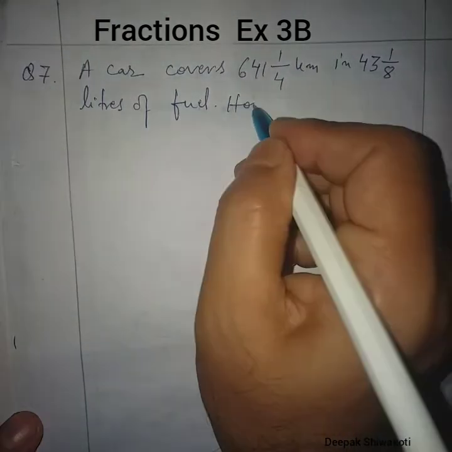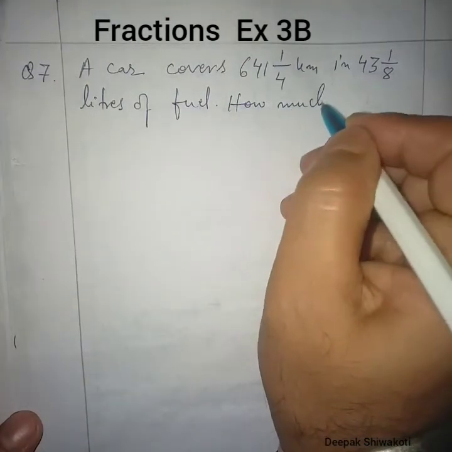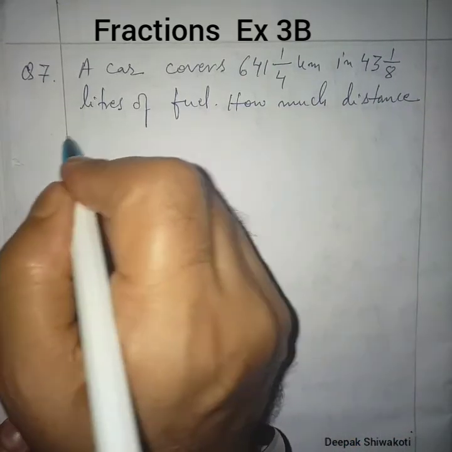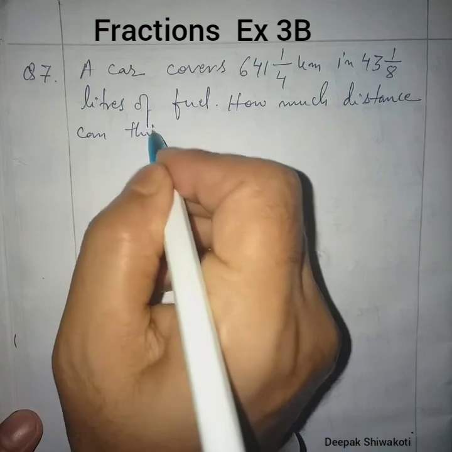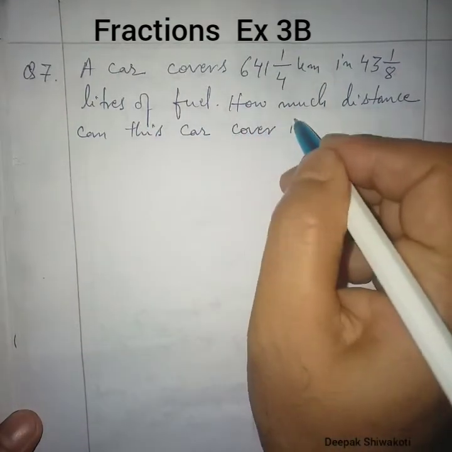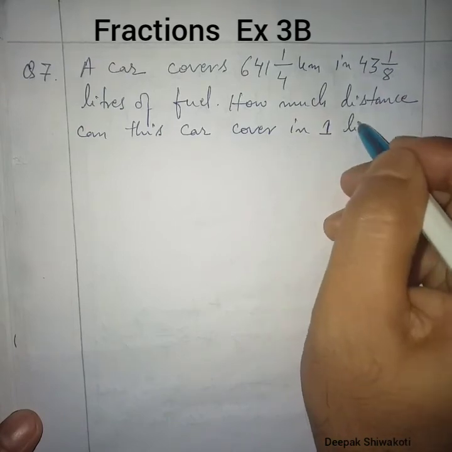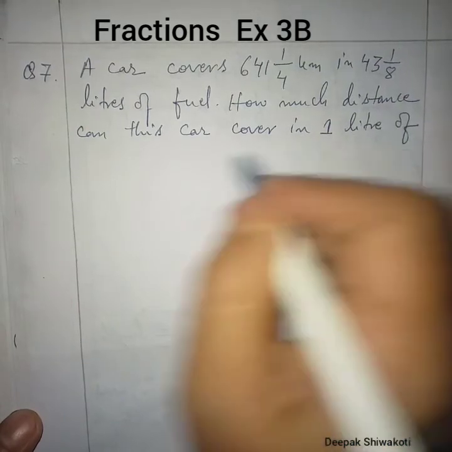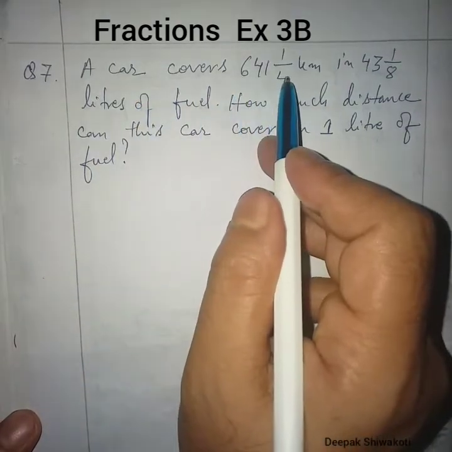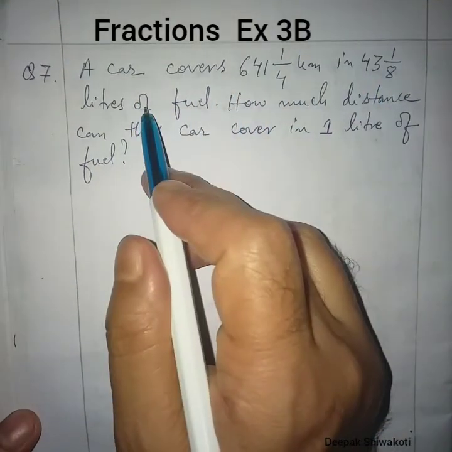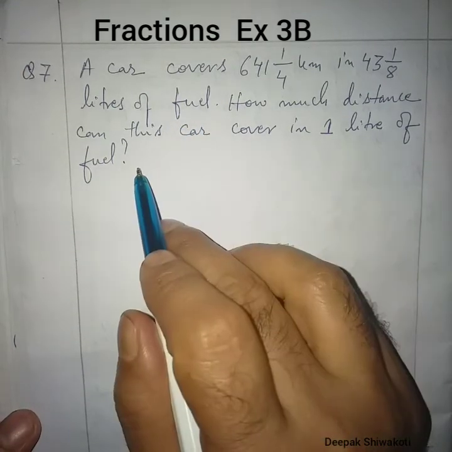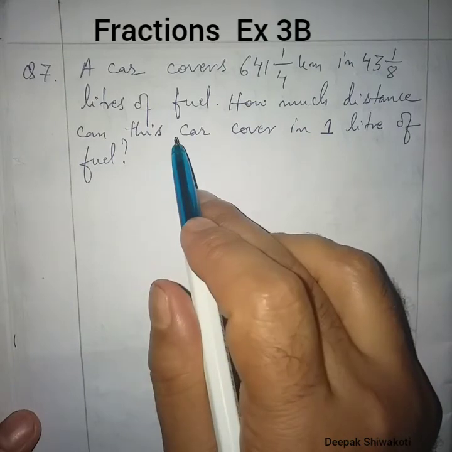How much distance can this car cover in 1 liter of fuel? So here the car covers this many kilometer in this many liters of fuel. Now we have to find in 1 liter of fuel how much distance that car can cover.